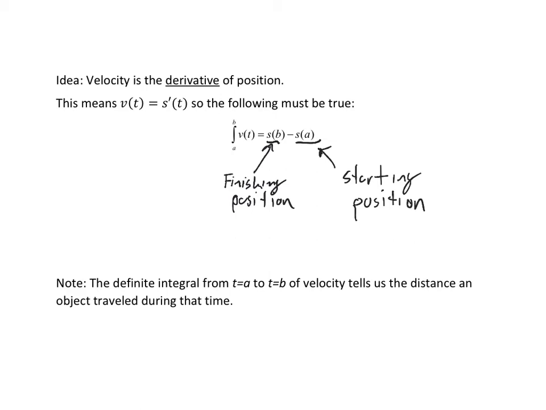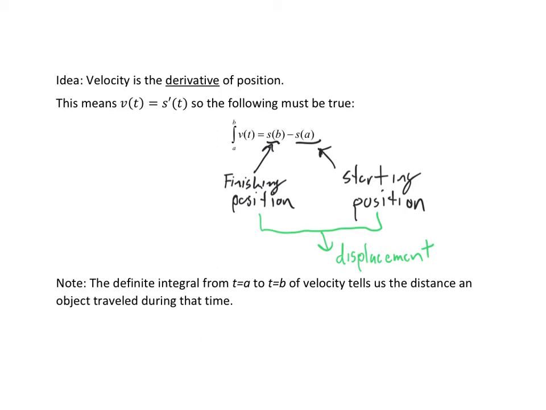Well, if you took your finishing position and subtracted your starting position, you might think of that as possibly the distance traveled, or in other words, we call this the displacement. The finishing position minus the starting position would tell you how far the object has essentially moved from the beginning to the end.